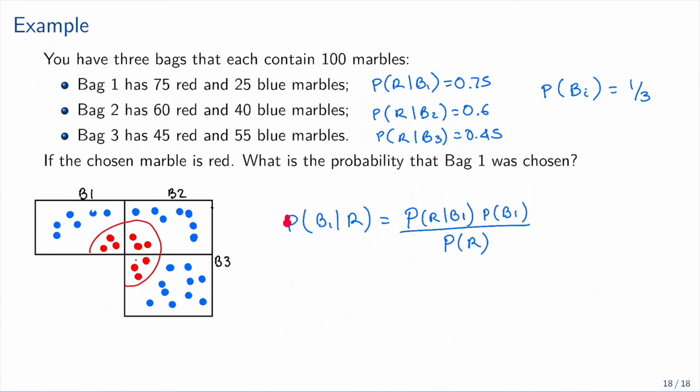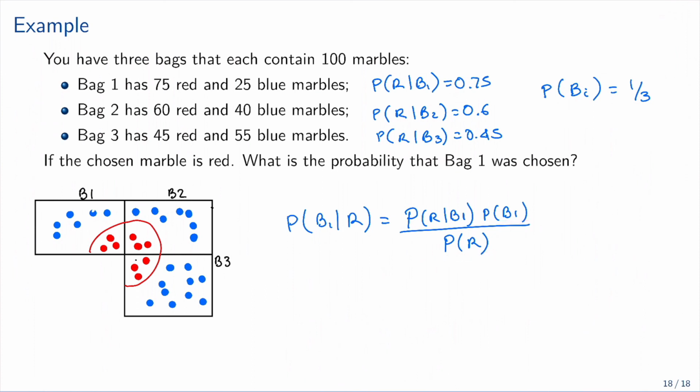So the question is, what is the probability that bag 1 was chosen given that the marble selected was red? So this is equal to the conditional probability of red given that we choose bag 1 multiplied by the probability of bag 1, and divided by the probability of red.